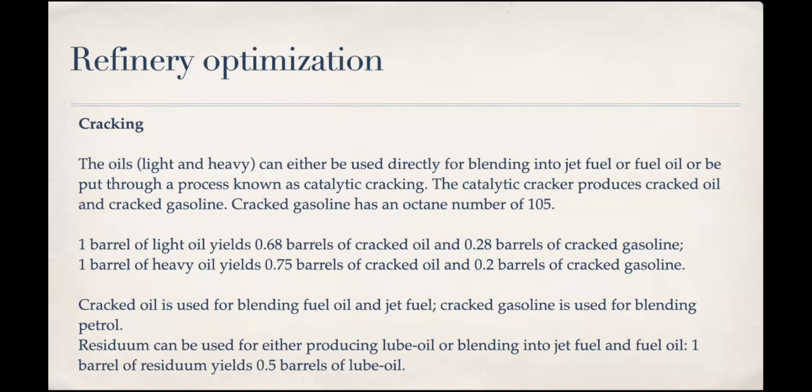Residuum can be used for either producing lube oil or blending into jet fuel and fuel oil. And if we decide to produce lube oil, 1 barrel of residuum yields 0.5 barrels of lube oil.